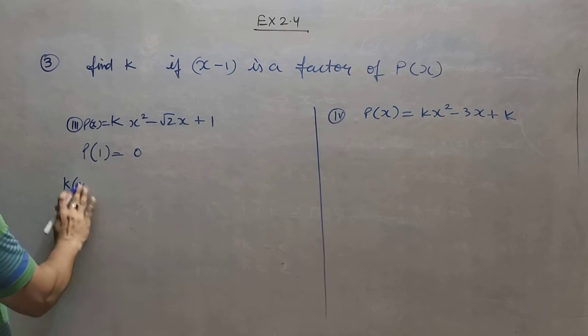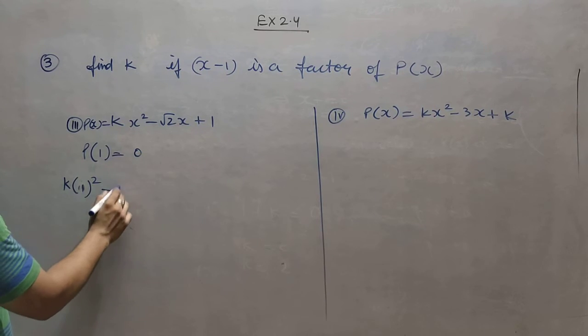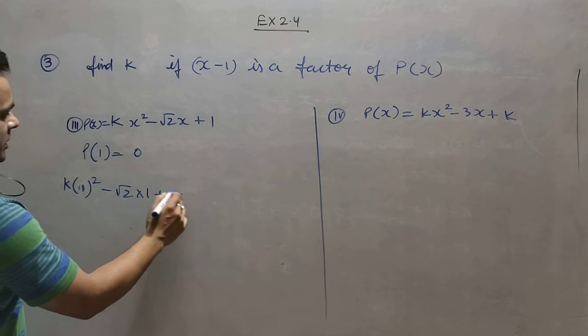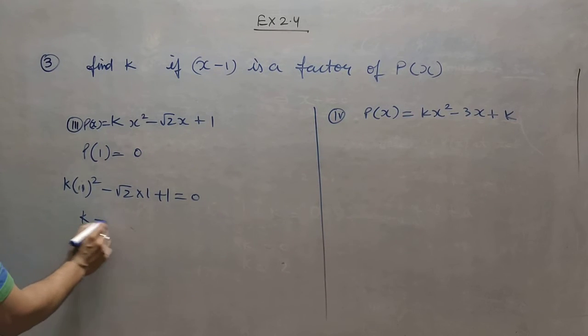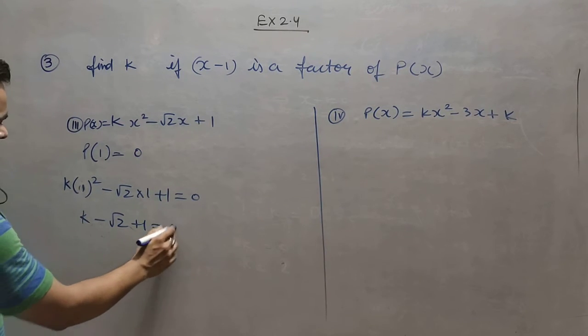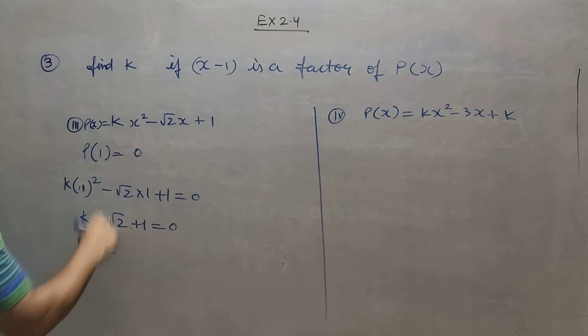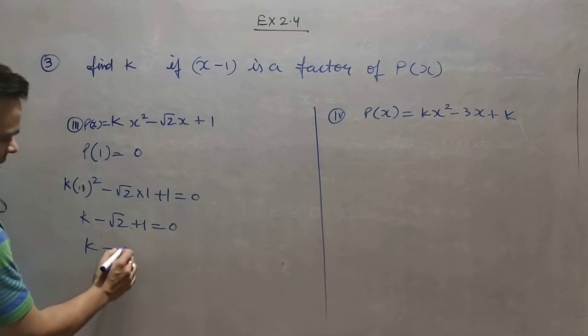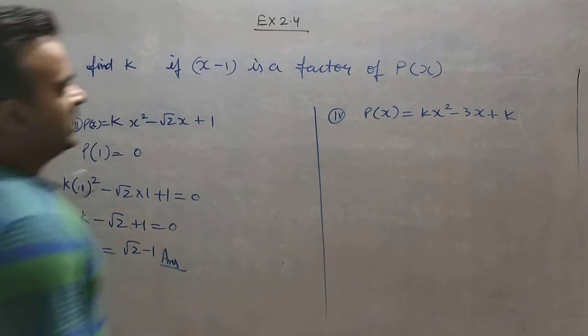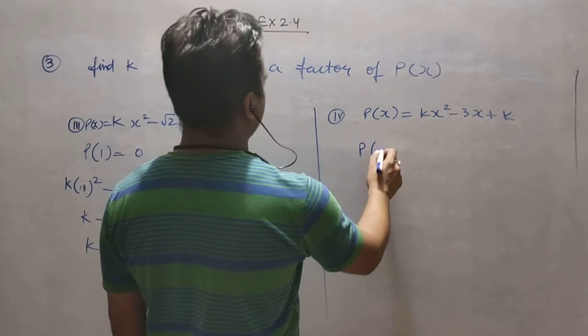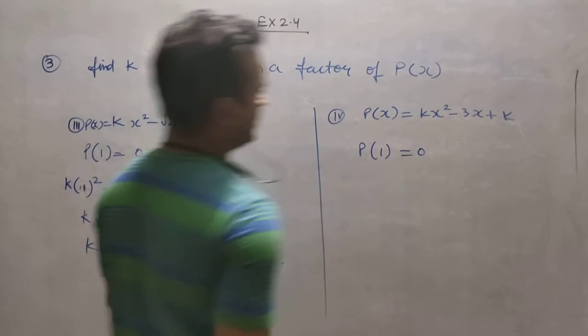So what is the value at p equal to 1? k into 1 square minus root 2 into 1 plus 1 equal to 0, right? So it is k minus root 2 plus 1. So only k is here, and every constant we shift to the right side, and this is the value of k, right? In the same way we put 1 and automatically it will be 0.